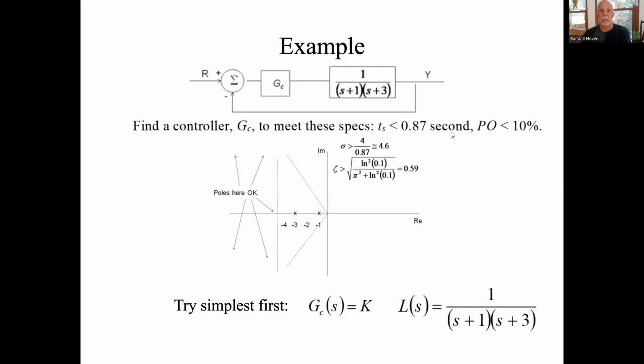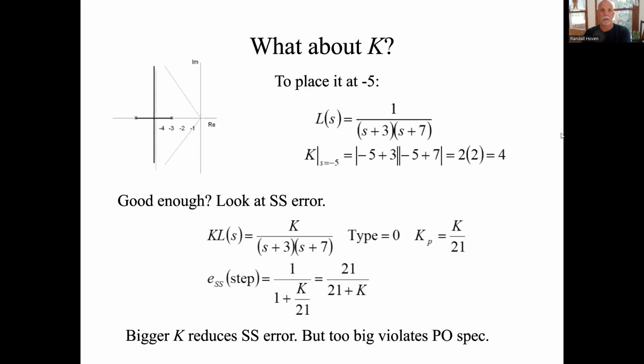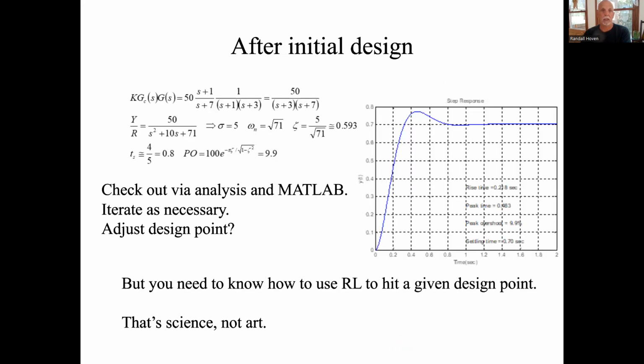We respected settling time of 0.87 and peak overshoot of 10%. So we calculated to be within spec. And when we simulated with MATLAB, peak overshoot was 9.9, that's under 10, and settling time was 0.7, which is under the 0.89. So it meets both specs.